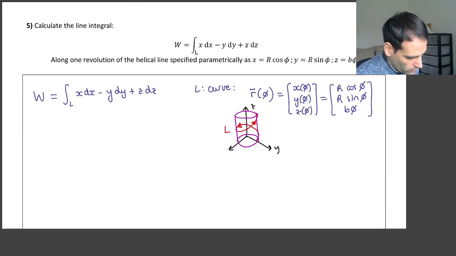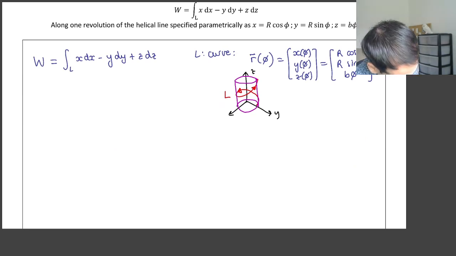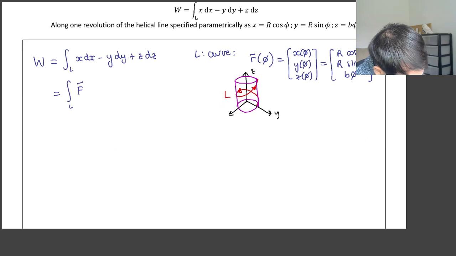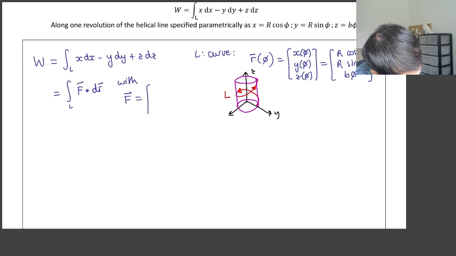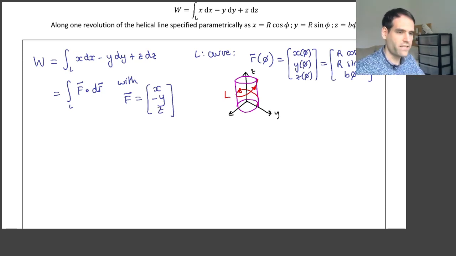So basically all that is being asked is another way of asking to calculate f dot dr with f being given by the vector. This will be the x component, so it will be x. This will be the y component, it will be minus y. And this will be the z component, which will be z. Okay, so that's all that this question is asking.